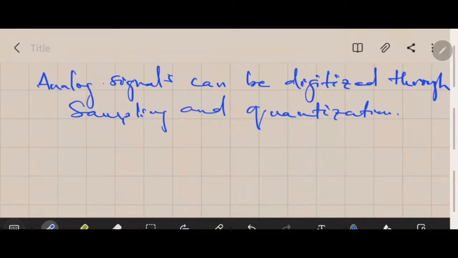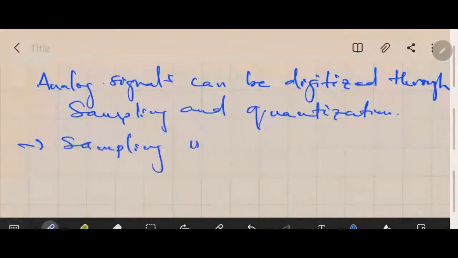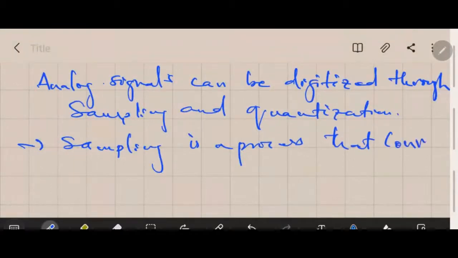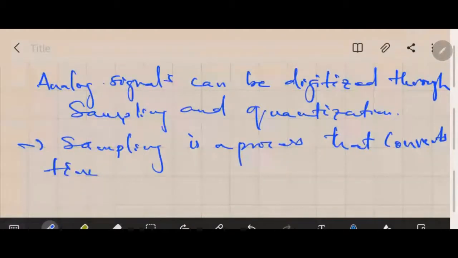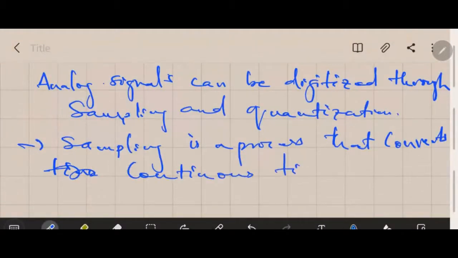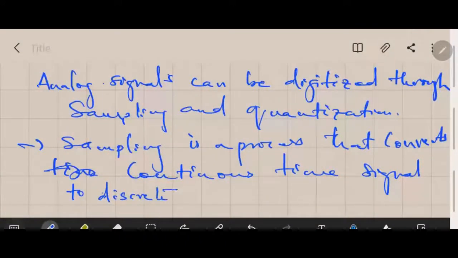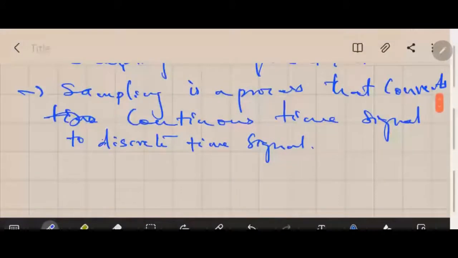Then what is sampling? You could note that sampling is a process that converts a continuous time signal to a discrete time signal. So the definition is clear.